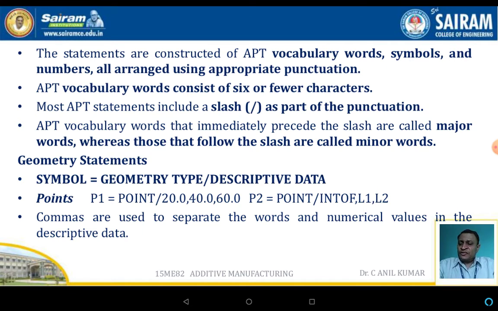Now in the first statement, P1, the point is defined by 20, 40 and 60, which is with respect to x, y, z. But in the second statement, the point is defined with respect to L1 and L2. L1 and L2 are the lines meeting at the point, which is the intersection of them. INTOF is nothing but the intersection of.